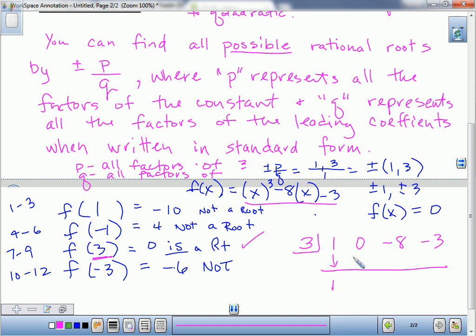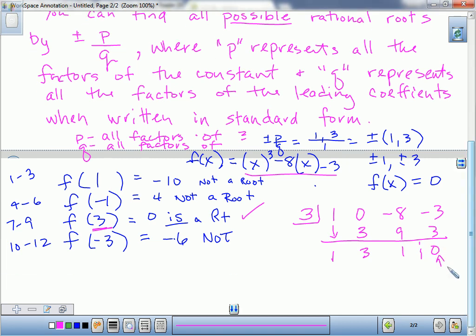You bring down the first one, you multiply, you add, you multiply, you add, you multiply, you celebrate. You knew it was a root, so you knew this had to be 0, because if this is a root, there is no remainder. Now what we're left with is x squared plus 3x plus 1.